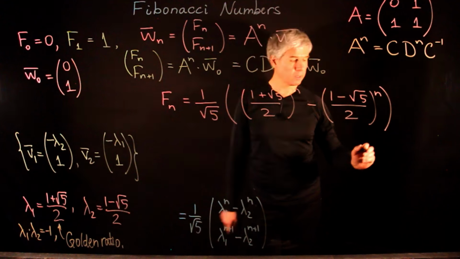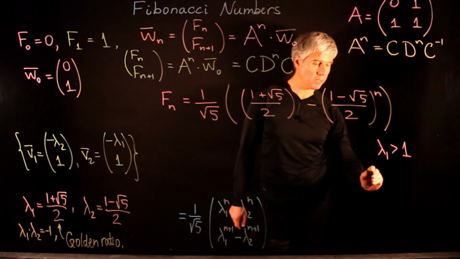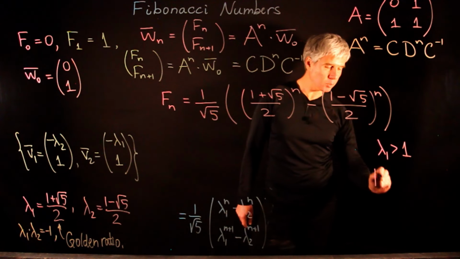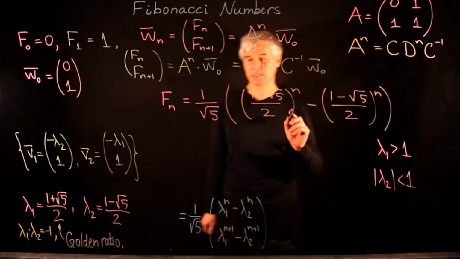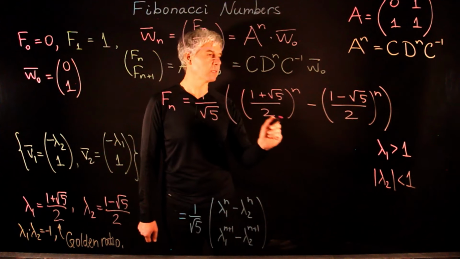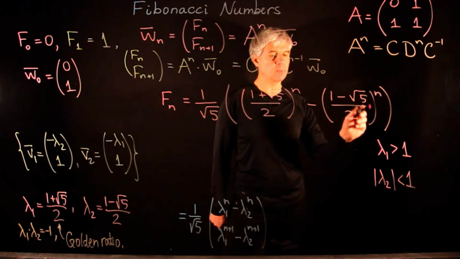We point out that lambda 1 is greater than 1, whereas lambda 2 is negative, and the absolute value of lambda 2 is less than 1. So this tells us that as n increases, the first term becomes dominant, whereas the second term will go to 0 in the limit.